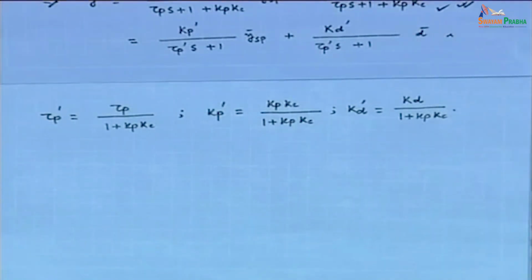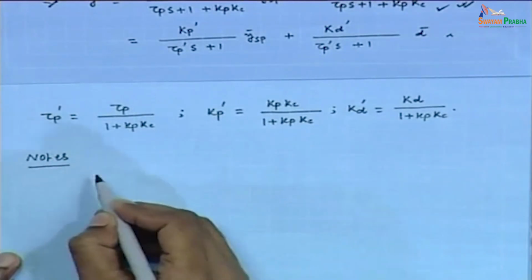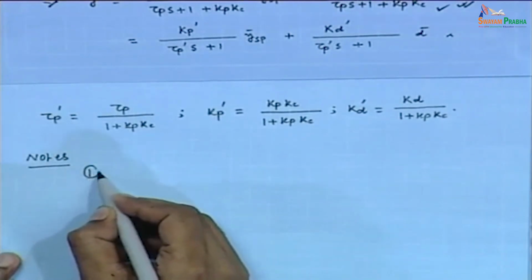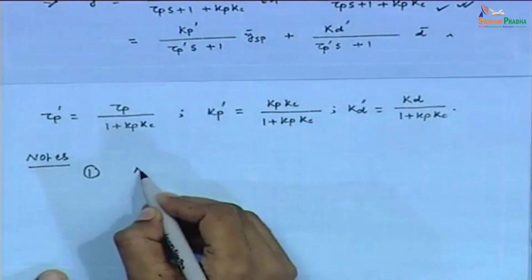Now, what conclusion we can make based on the final form of the closed loop transfer function? Due to the addition of proportional controller, is there any change of order in the overall system? No, there is no change of order due to the inclusion of proportional controller.